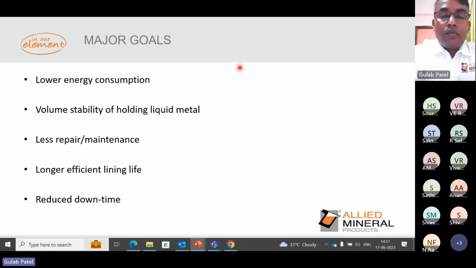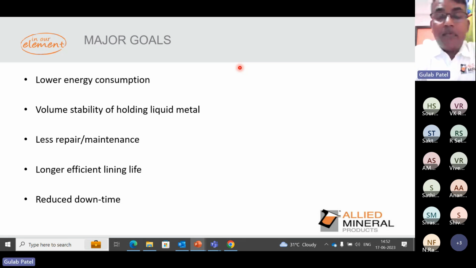Those are designed specifically for a certain capacity of liquid metal handling and holding. But as time passes, like 1 month, 2 months, whatever, because of certain reasons, the volume capacity of those equipments gets reduced.